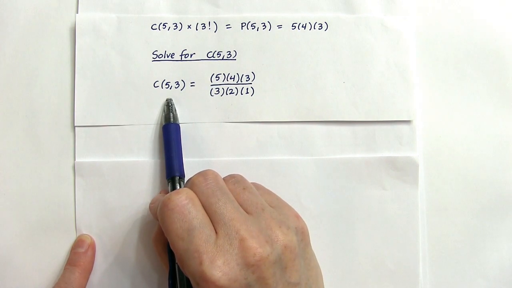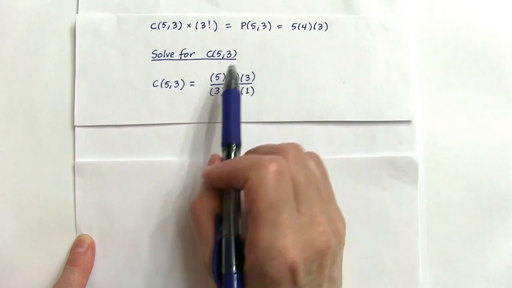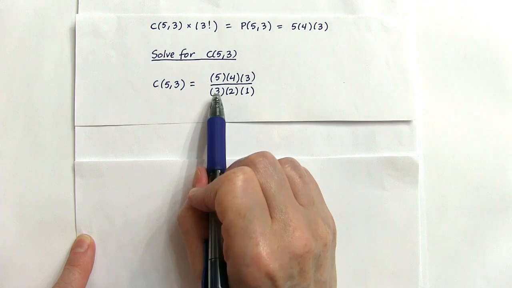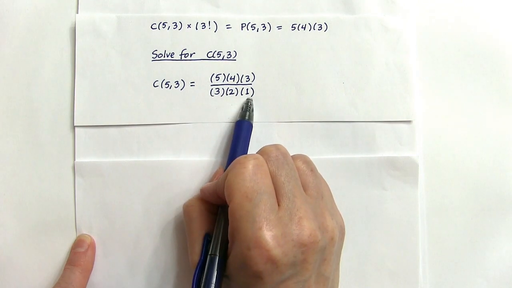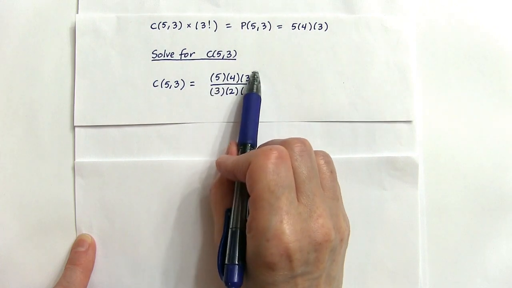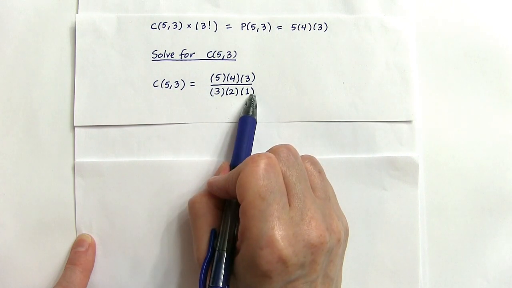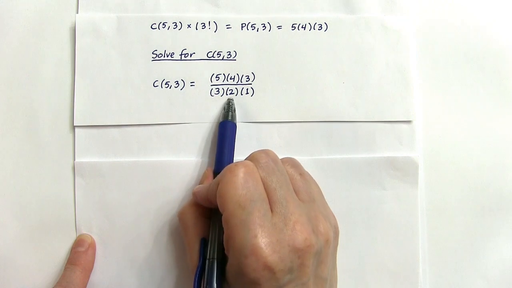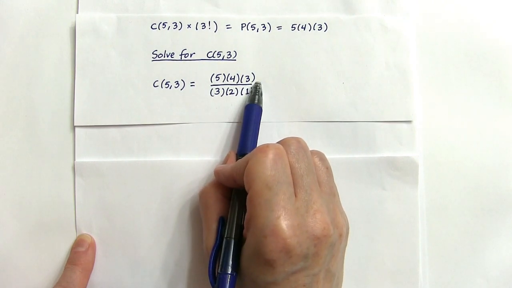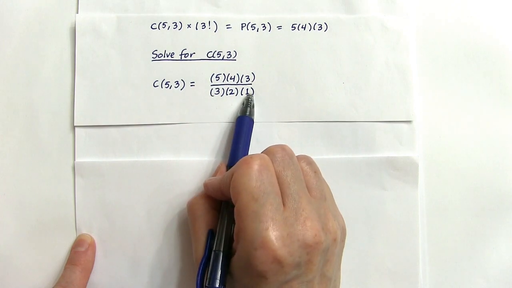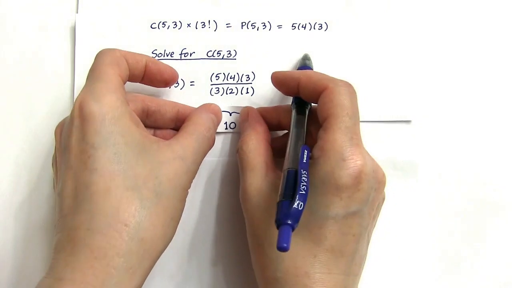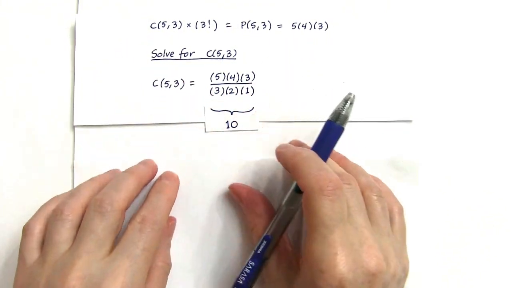It is equal to 5 times 4 times 3 in the numerator and 3 factorial, or 3 times 2 times 1, in the denominator. And because of the common factors in the numerator and the denominator, for instance 2 goes into 4 twice and the 3's cancel, this ratio reduces to a value of 10, which is the answer.